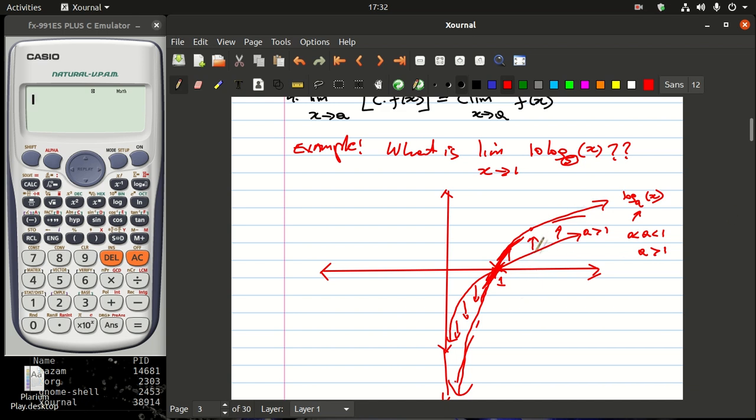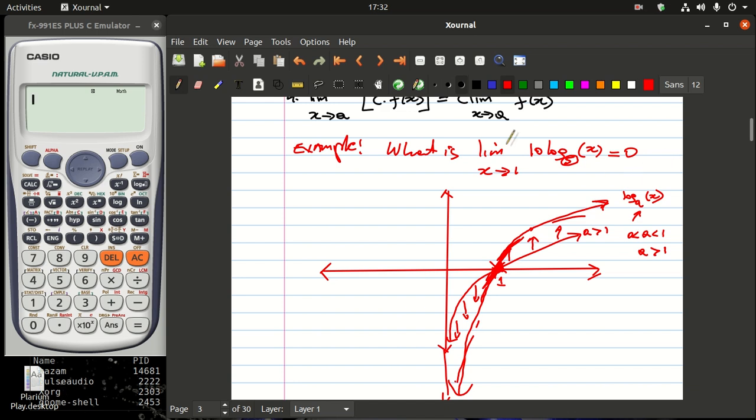Now that we have this multiplied by 10, can you notice that as we get closer and closer to 1, if I pick a value so close to 1, the output is still here at 0. So using this diagram, this limit is going to be equal to 0.